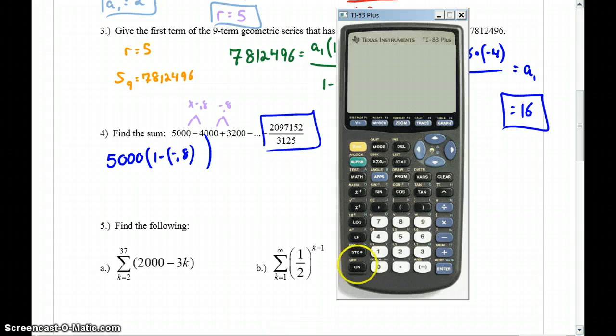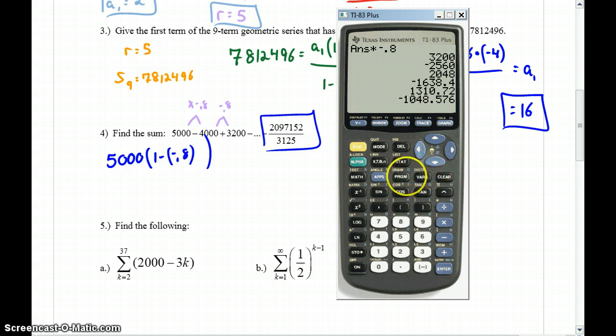Rather than plugging it into the formula, I'm just going to start with 5,000 times negative 0.8, and I end up with negative 4,000. That's the second term, times negative 0.8. The third term is 3,200. I knew that. But now I can just press enter. The fourth term is 2,560. Fifth term, sixth, seventh, eighth.